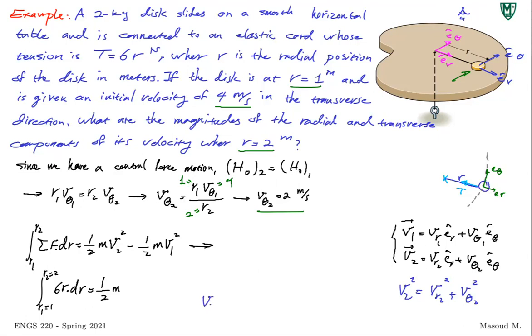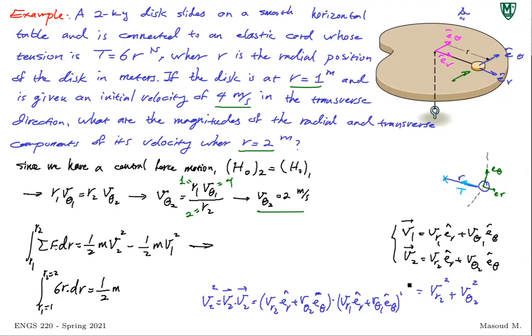So v2 squared is v2 dot v2, where v2 is vr2 er plus v theta 2 e theta, dotted with vr2 er plus v theta 2 e theta.